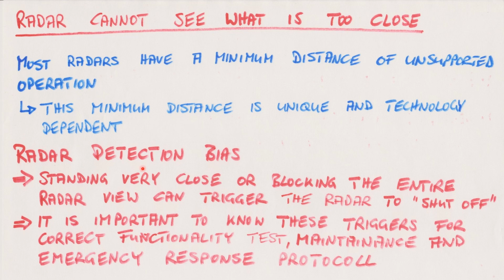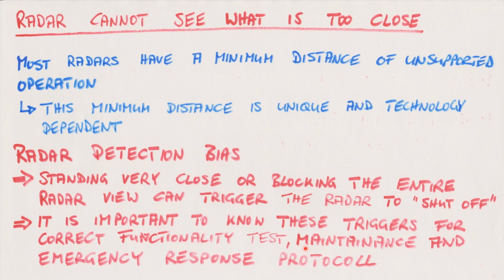You need to understand this distance because it's also important for your knowledge when the radar becomes blind to me in very close proximity. If I want to trigger a radar behavior in functionality tests and maintenance, I need to know when this shut off offset is actually happening.